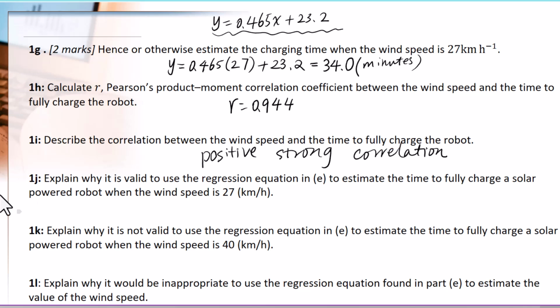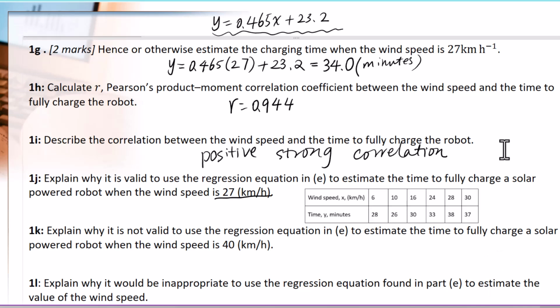For 1J, explain why it's valid to use the regression equation in E to estimate the time to fully charge a solar-powered robot when the wind speed is 27 km per hour. Let's look at this table. The interpolation range is 6 to 30. 27 is in this data range.